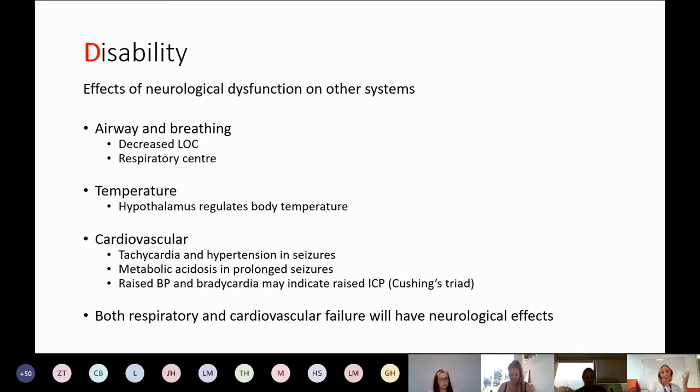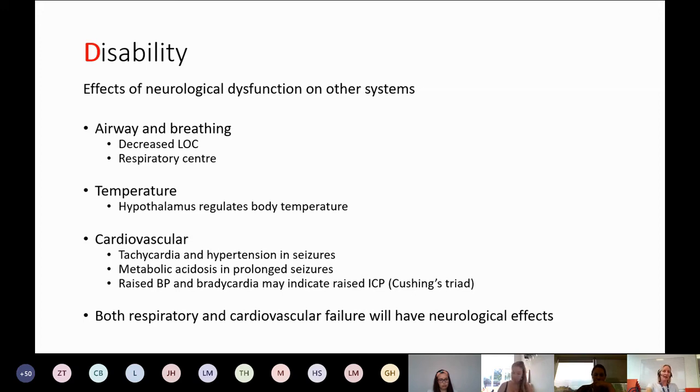Prolonged seizures will then cause metabolic acidosis. And we've talked about the Cushing's triad, raised blood pressure and bradycardia, late signs of raised intracranial pressure. So your neurological system has effects on your other systems, but your respiratory and cardiovascular failure also have effects on your neurological system. It goes both ways. No system exists independently.